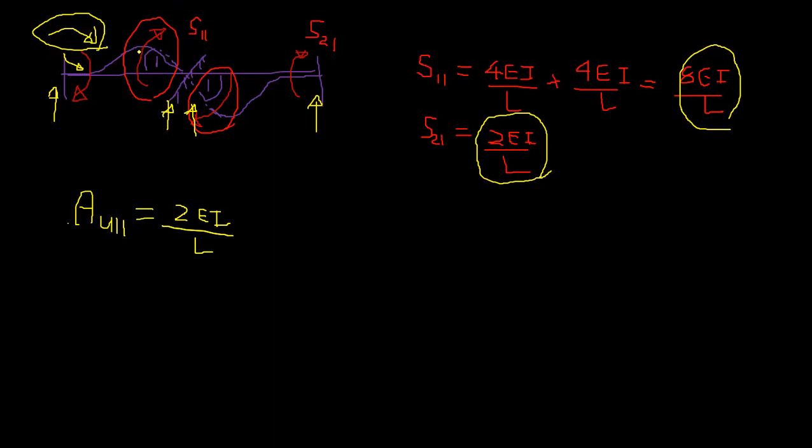So that's why if this is 4EI over L, this becomes 2EI over L, right? Theta is not here because it is a unit rotation, 1, right? So this action 2, AU21, this is the AU21. This is the summation of this is the AU31.